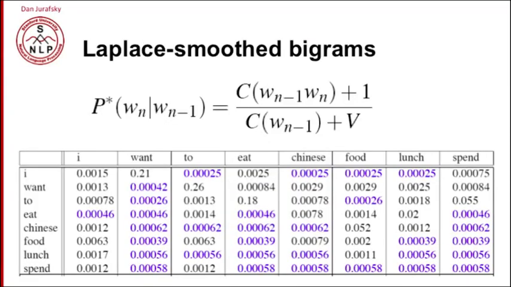Now we can compute the bigram probabilities from those counts using the Laplace add-one smoothing equation. And now we've got all of our add-one smoothed bigrams. The probability of 2 given 1 is 0.26, and now all of those zeros have turned into other things, 0.00042, 0.0026, and so on.